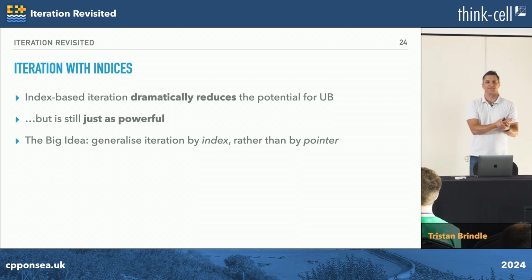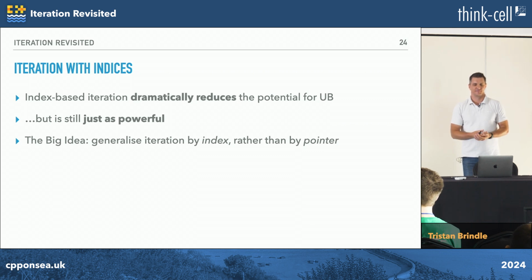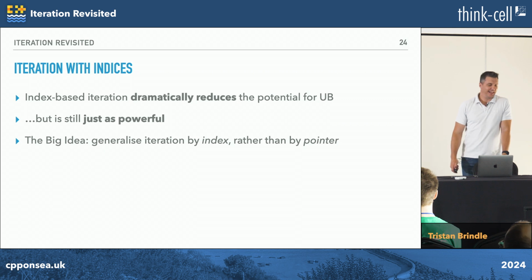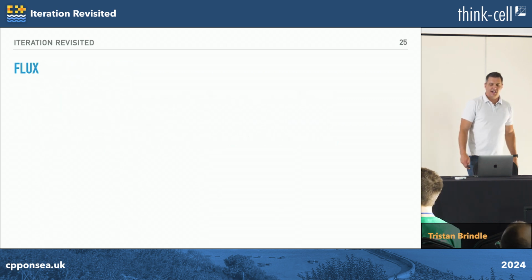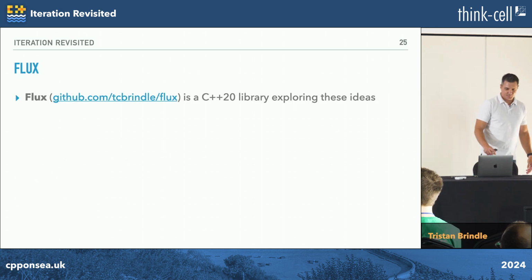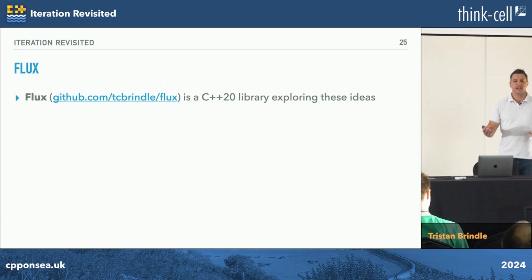What if somebody did that? Wouldn't that be nice, if somebody had written a library based around these ideas? Well, fortunately, somebody has done just that. This library is called Flux. The URL is on the screen there. And as I say, it's a C++20 library exploring these ideas.